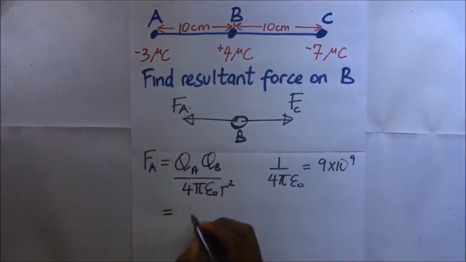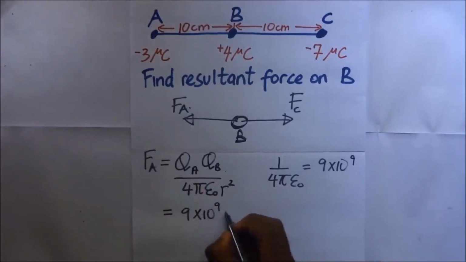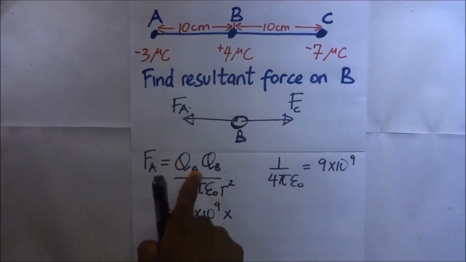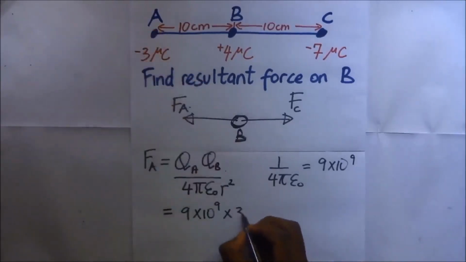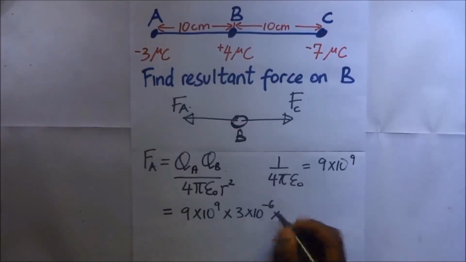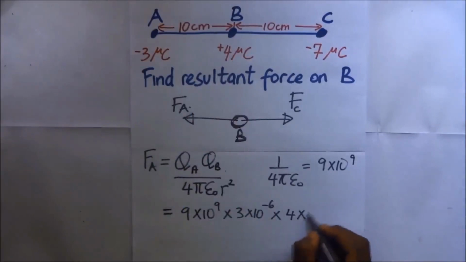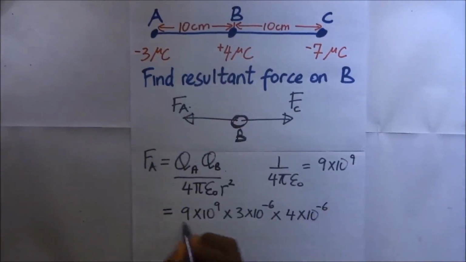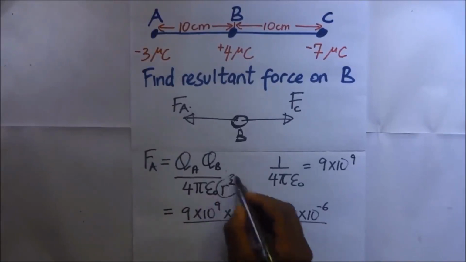So this is going to become equal to 9 times 10 to the power 9, multiplied by QA. What is QA? The charge is 3 times 10 to the power -6. Multiply that by the charge on B, which is 4 times 10 to the power -6. All that divided by r squared.